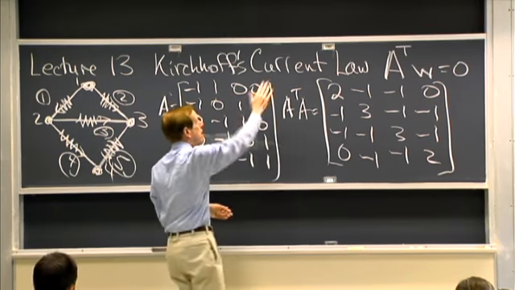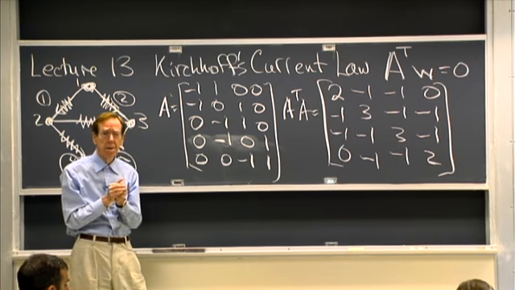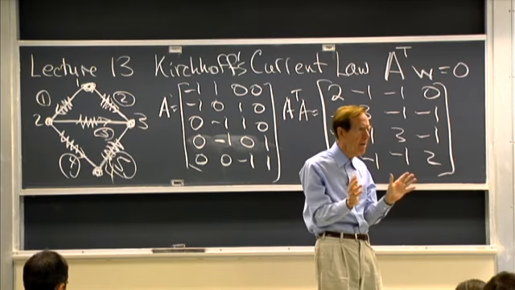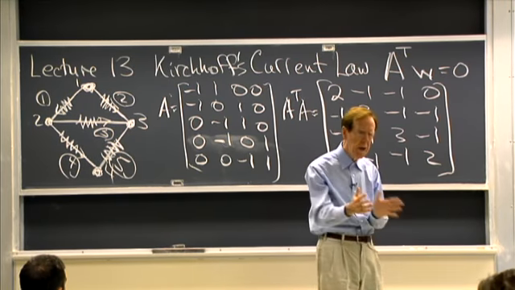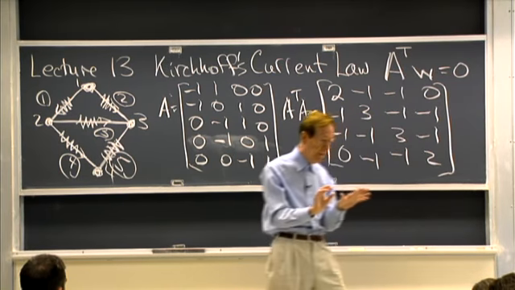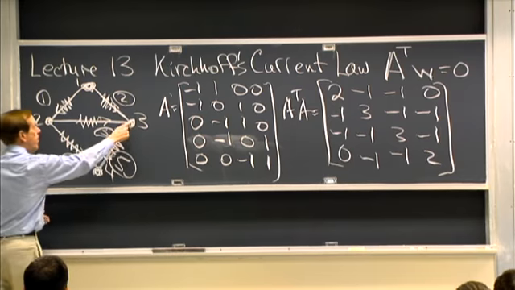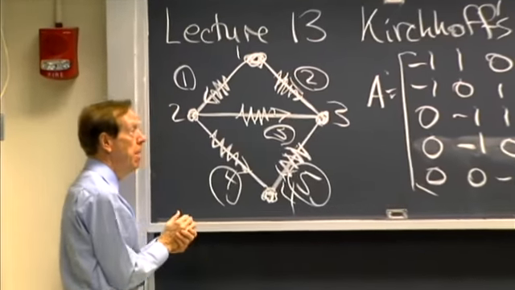So this, Kirchhoff's current law, KCL, is just like a model for balance equations. By balance, I mean in equals out, essentially. Flow in equals flow out, because we're talking about steady state. At node 3, for example, I have 3 edges.